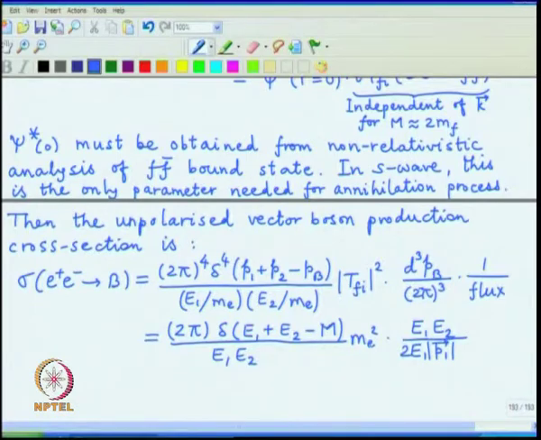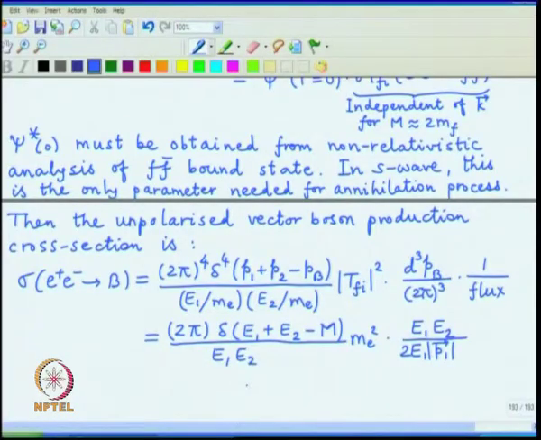The momentum integral is already gone, but the energy delta function still remains, and one can keep the various things together in the form which they are, and just write down the final answer.